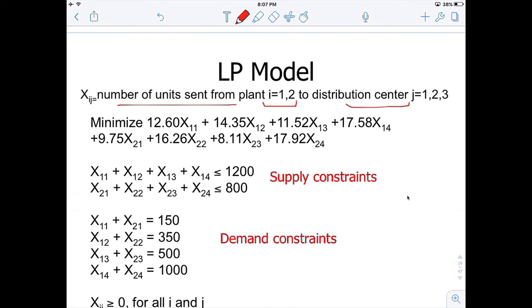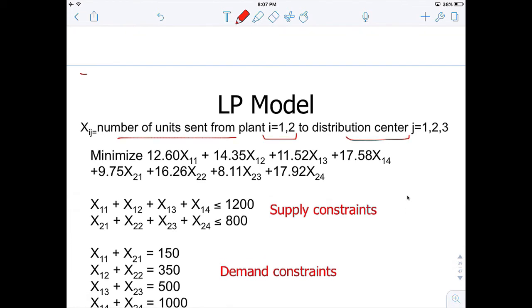Here we used set notation. Set I is the set of plants, and set J is the set of DCs.